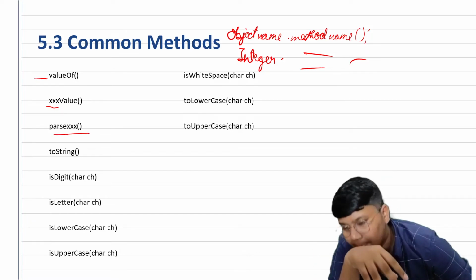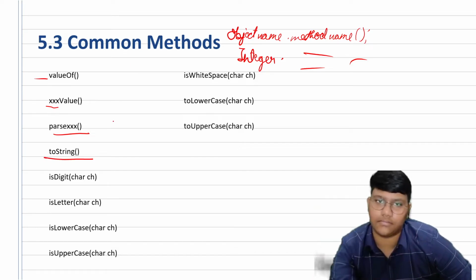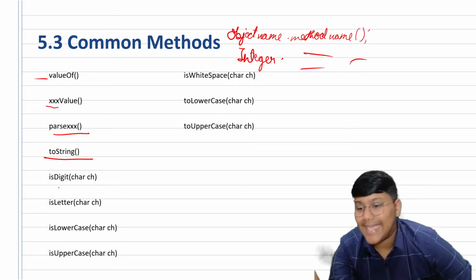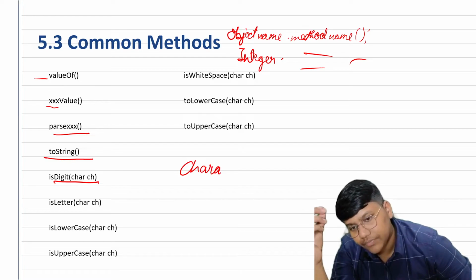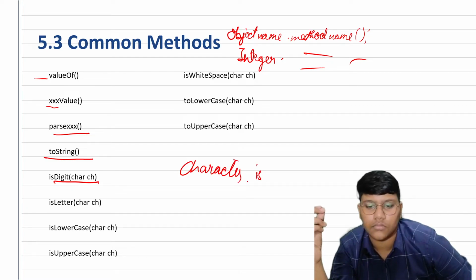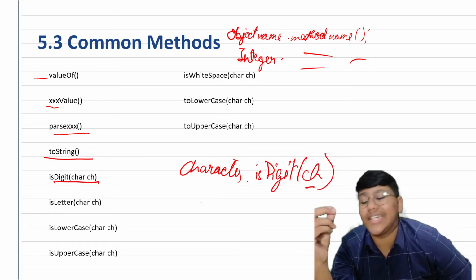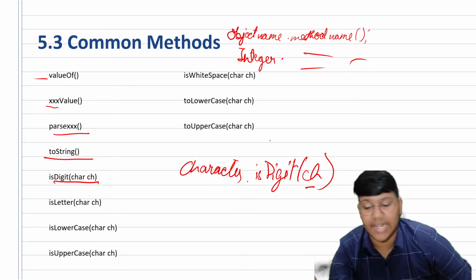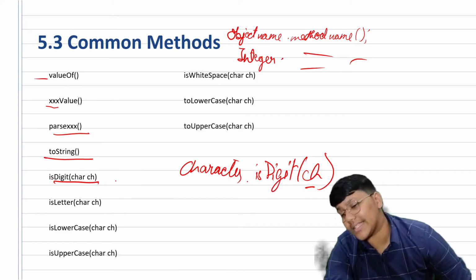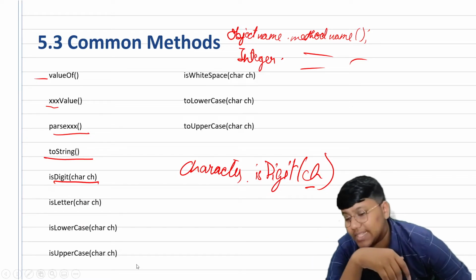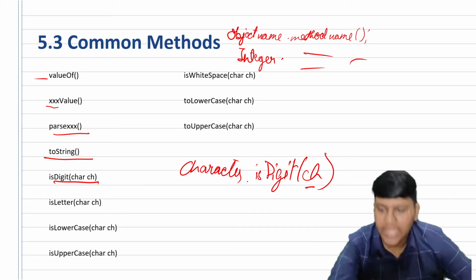For example, parse will convert string to the primitive data type, toString, primitive data type to string. isDigit, it will check, Character dot isDigit, whether ch is a digit. isLetter will check if ch is a letter. isLowerCase will check if ch is lowercase. isUpperCase will check if ch is uppercase. isWhiteSpace, toLowerCase, toUpperCase, that is the same thing.